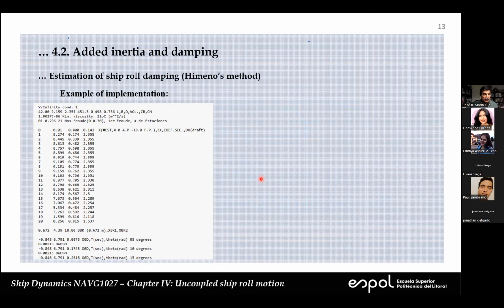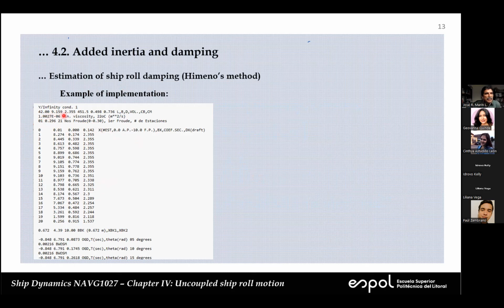So we needed to determine how much influence the Bilge-Keel has. So this is the data file. Can you read here? People, can you see details of this file? Ms. Vega, can you see?